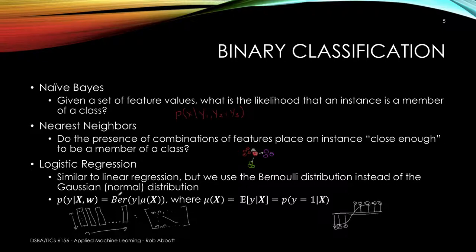So we use a Bernoulli distribution in this case because a Bernoulli distribution is suited to binary classes. So the Bernoulli distribution is looking to predict the probability that something is between 0 and 1 in the output.